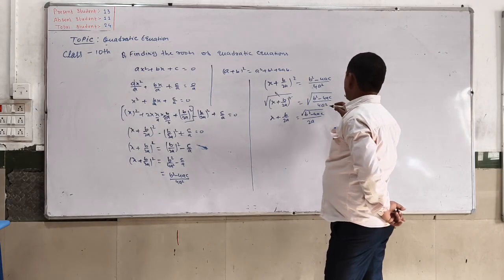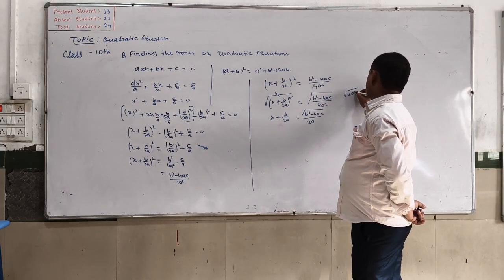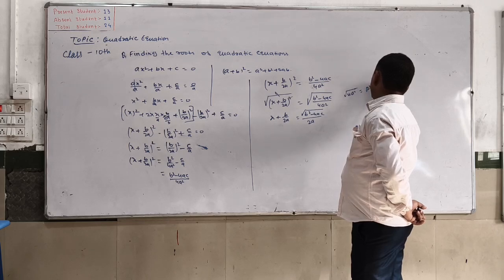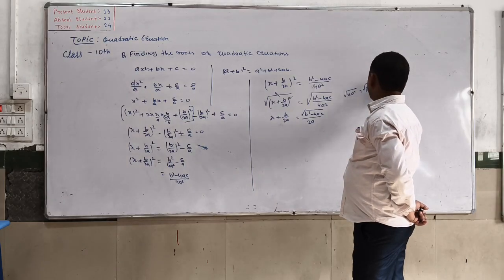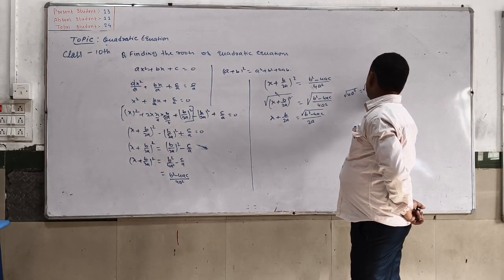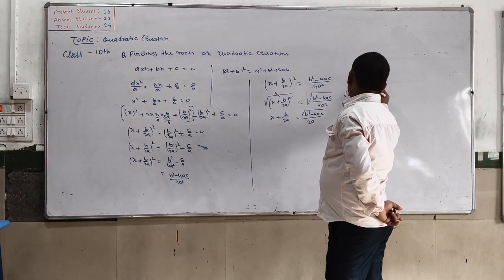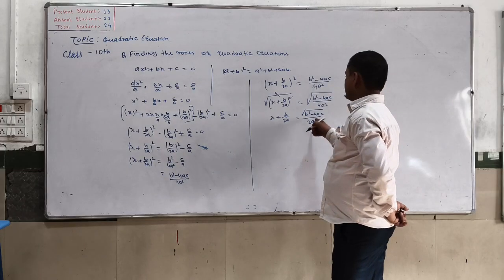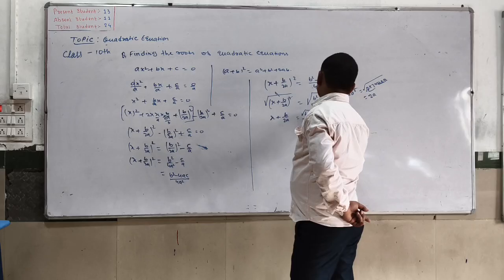We can write 4a square as 2 into 2 and a into a, because 2 multiplied by 2 is 4 and a into a is a square. So the root of 4 is 2 and the root of a square is a.